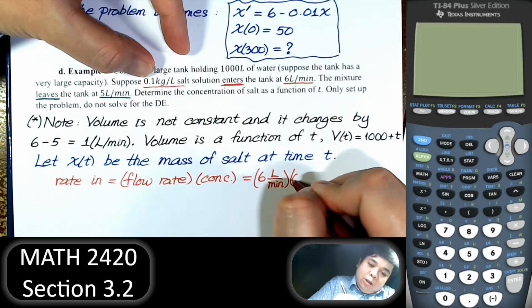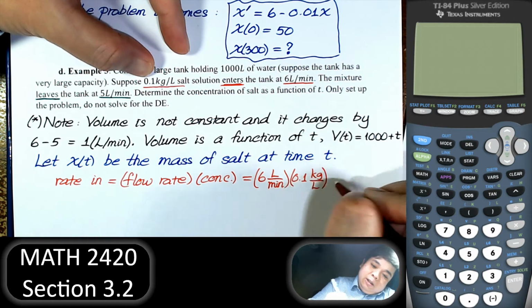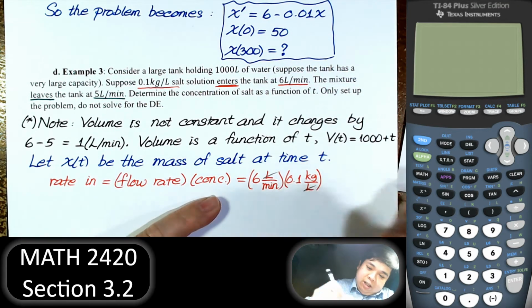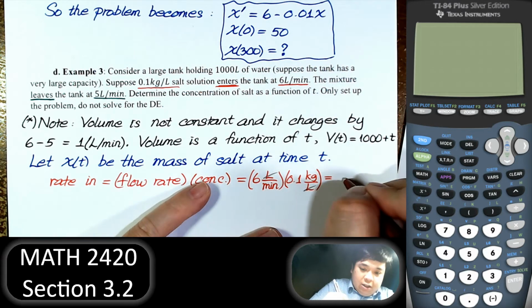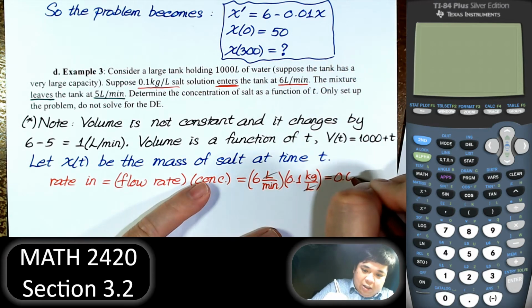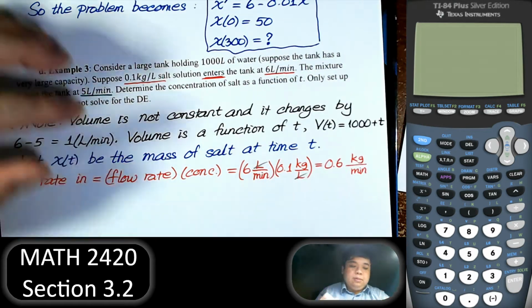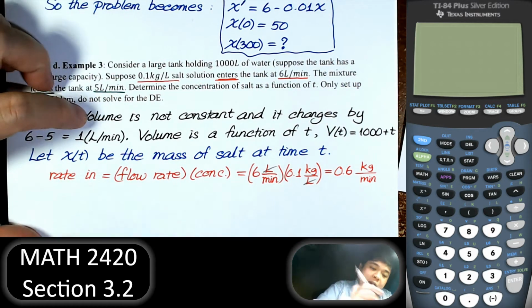Concentration 0.1 kilogram per liter. Cancel out the liter. We have 0.6 kilogram per minute. Simple enough.